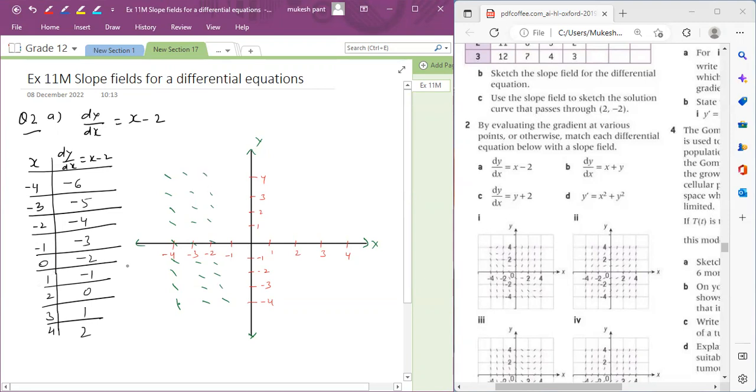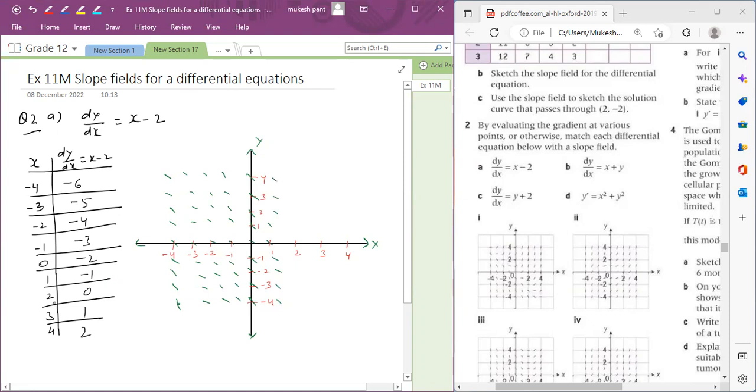Then x equals -1, this vertical line, here also -3, negative. When x equals 0, which is the y-axis, it's -2, negative. And when x equals 1, it's -1, so again negative slopes along this line.